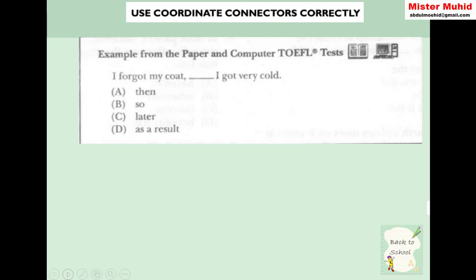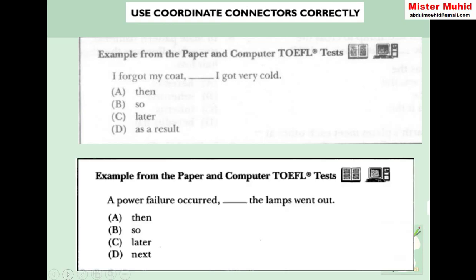If you see, they have already got a subject, I, forgot, verb, and then I again subject, got a verb. So subject verb, comma, subject verb. So what do they need? They need a connector. So which one is the connector? Anybody can guess?